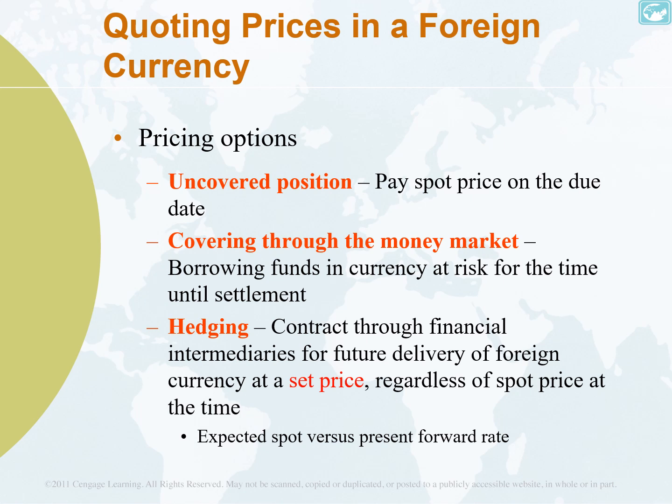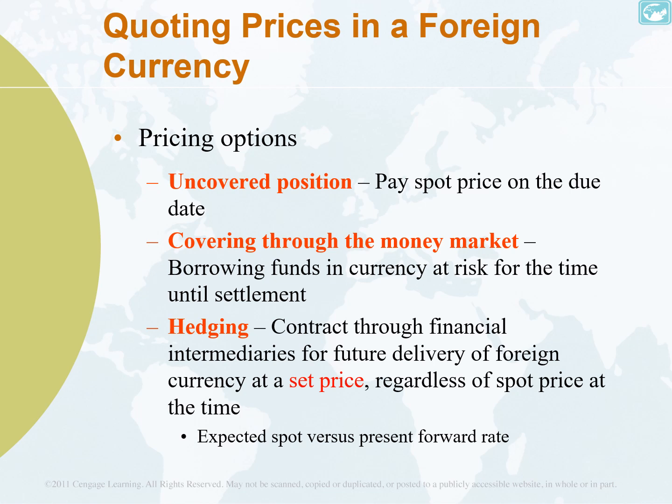Or you can do hedging. You can contract through financial intermediaries for future delivery of foreign currency at a set price, regardless of what the spot price is at that time. Of course, you have to pay to get a set price, the difference between the spot and the present forward rate.